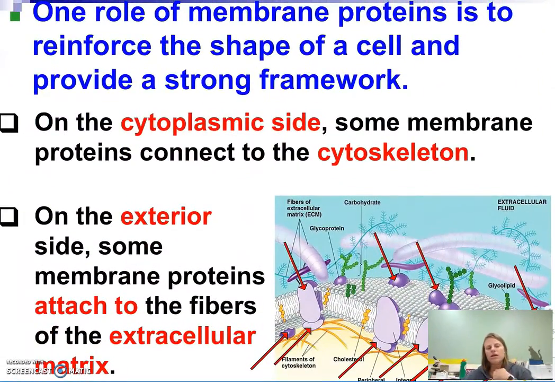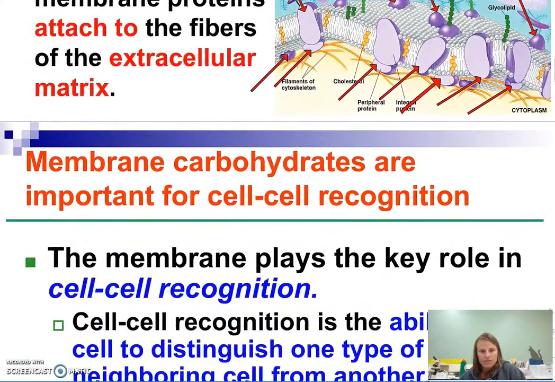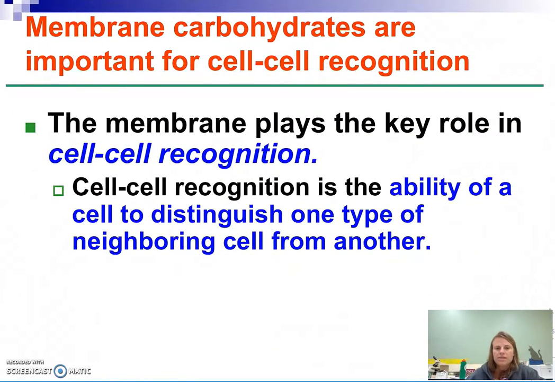So here's a little elaboration about the membrane proteins that reinforce the shape of a cell and provide a strong framework. That's by those membrane proteins binding to the cytoskeleton, both on the cytoplasmic side and the exterior side. It's going to help anchor that cell membrane. And here's a little bit more detail regarding the carbohydrates.